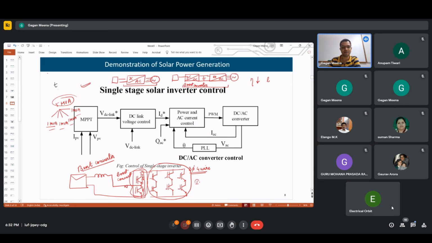DFIG comes under type 3, and type 4 is the permanent magnet synchronous generator, PMSG. Okay, sir. We can also use a DC generator, sir. I don't use it really, because induction generators are very robust. Yes, sir, that is why generally we use induction machines only.